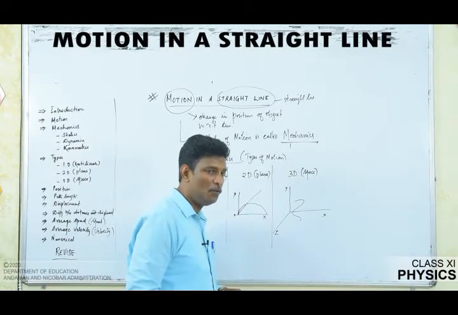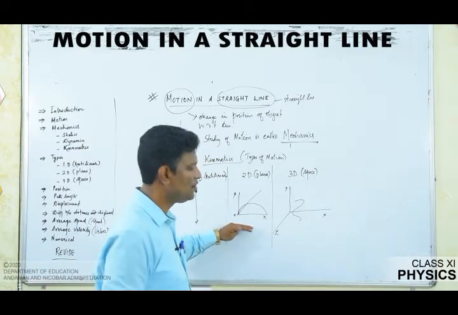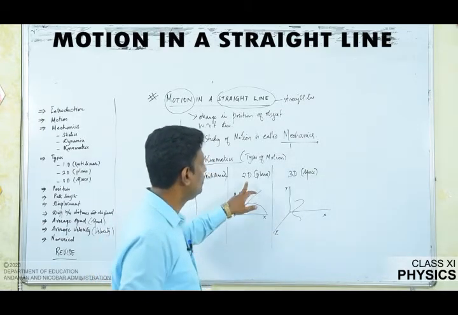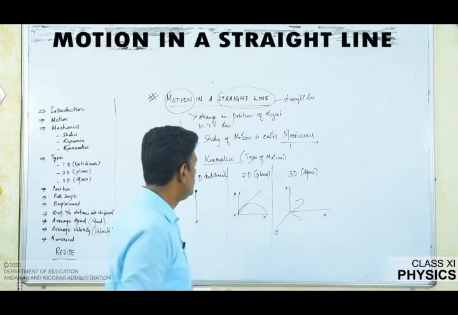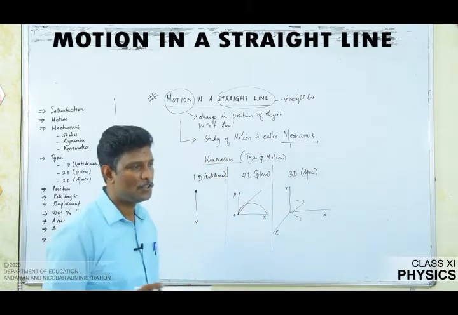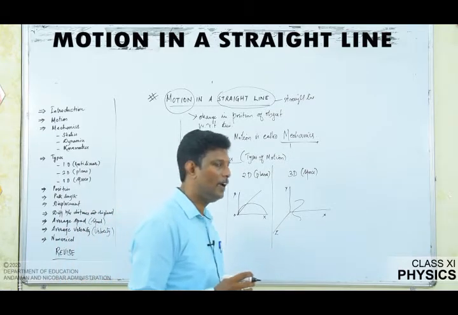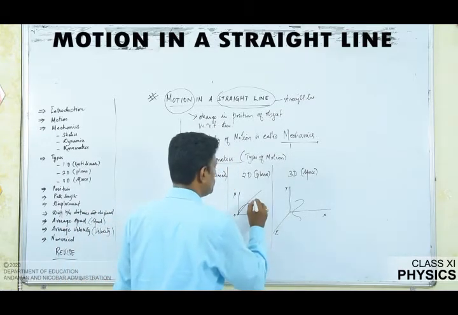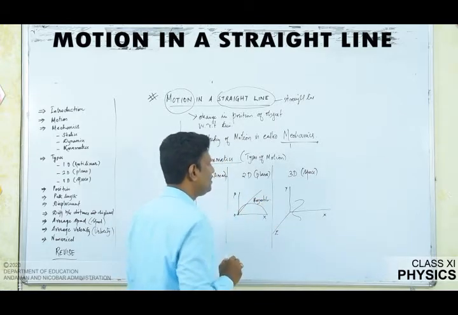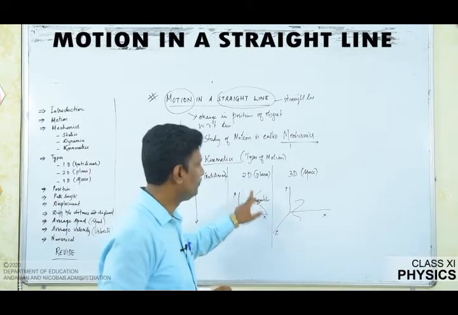If an object is moving in two dimensions, that is the xy axis, that is called planar motion. Let us have an example here. If a boy is throwing a ball, that will have a projectile motion, that is a two-dimensional motion.